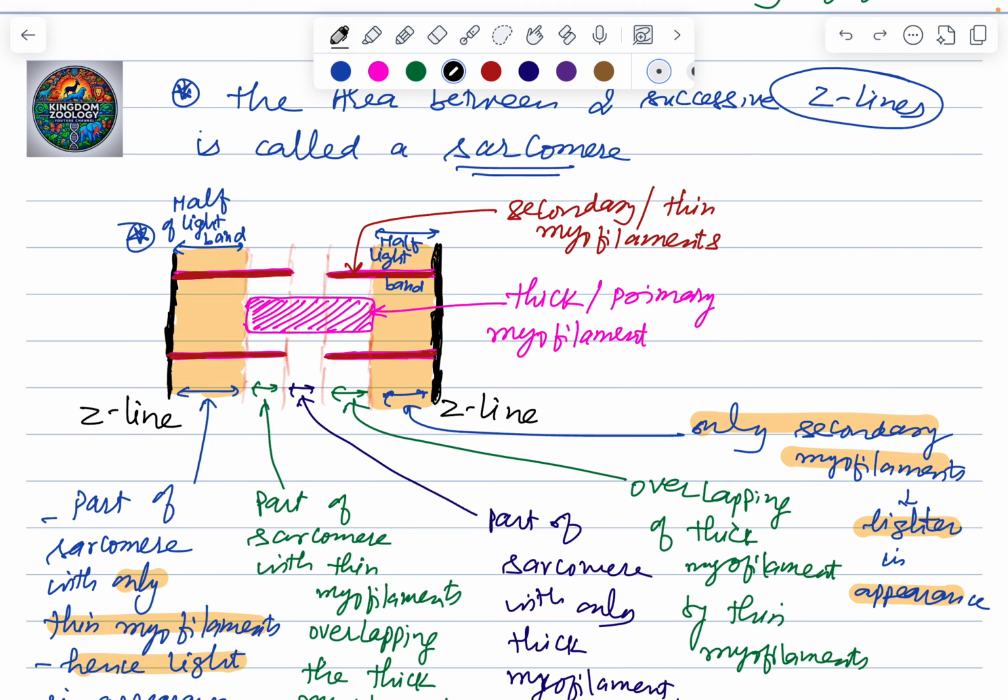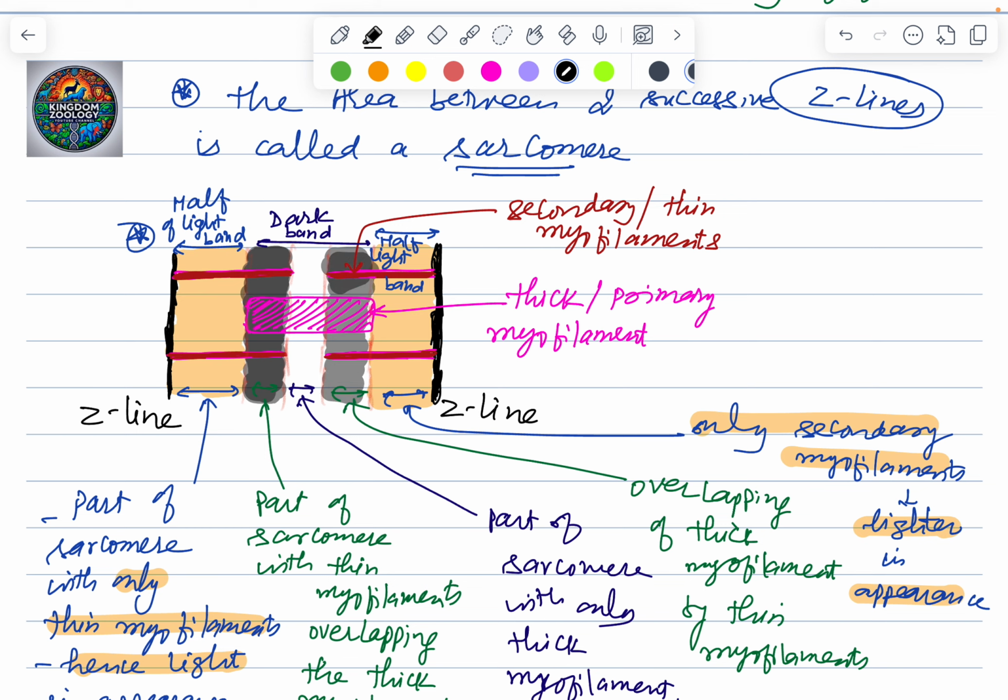And this entire area is the dark band. Even though this is also not completely uniformly dark, there are some areas in it which will be more darker, these parts, because here both types of proteins are overlapping.